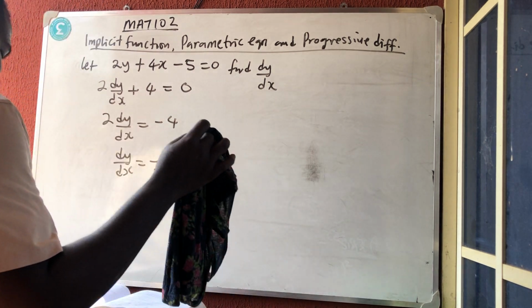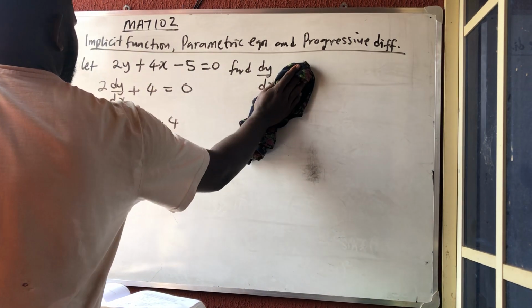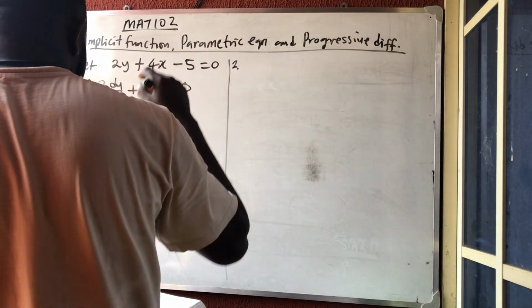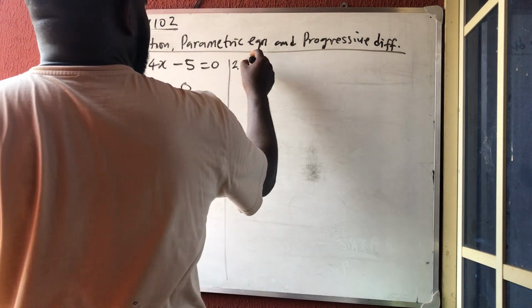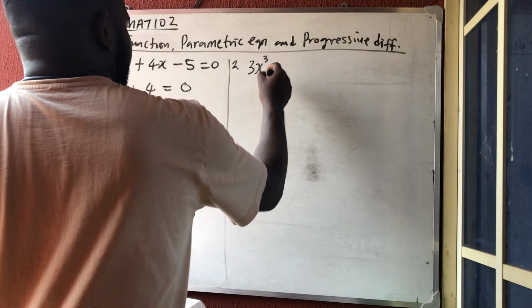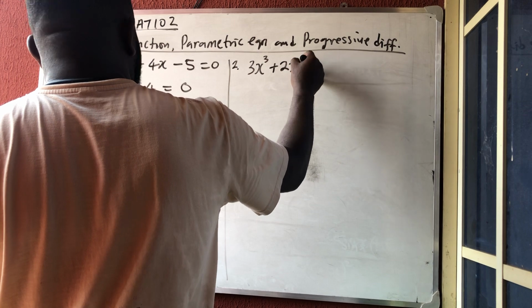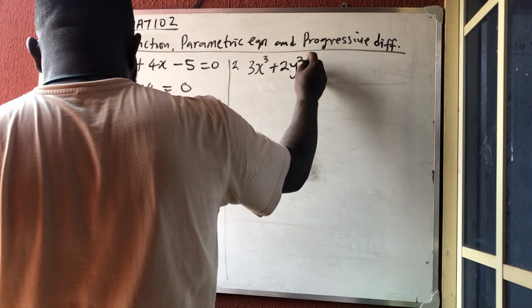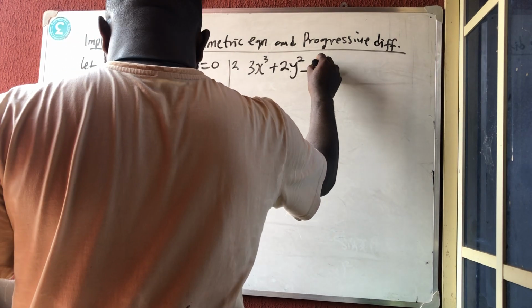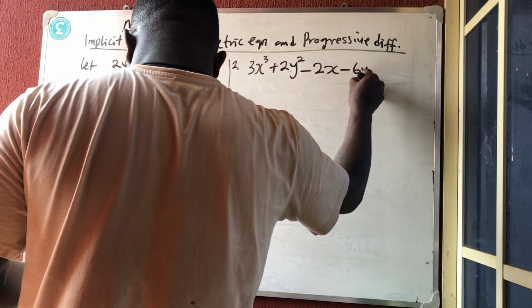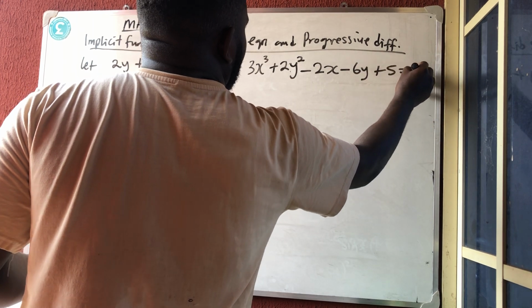So let me give you another example. Example 2. This one does not have any problem. 3x raised to power 3, plus 2x, plus 2y raised to power 2, minus 2x minus 6y plus 5 is equal to 0.